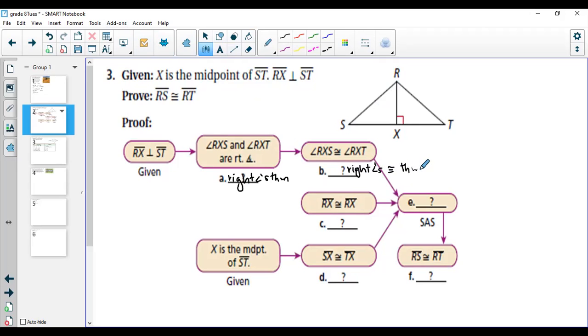It really doesn't matter. RX is equal to RX due to your favorite theorem, right? That's going to be the reflexive property.